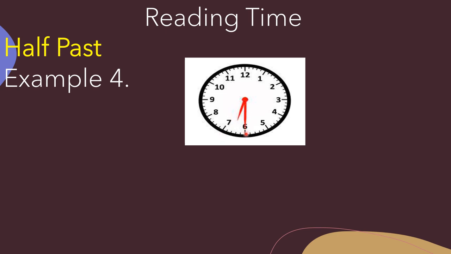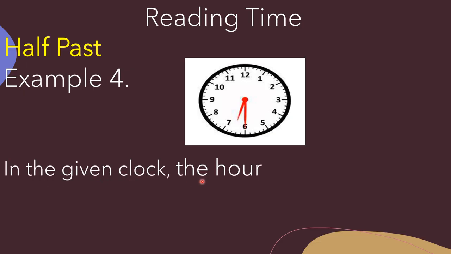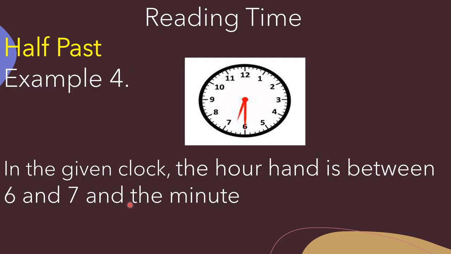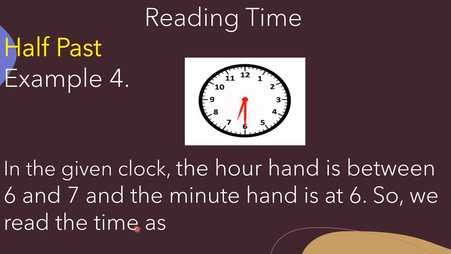So we write it like this: in the given clock, the hour hand is between 6 and 7 and the minute hand is at 6. Okay, so we read the time as half past 6 or 6:30. Because the minute hand is at 6, we multiply 6 by 5 to make minutes. Okay, so the time is half past 6 or 6:30.